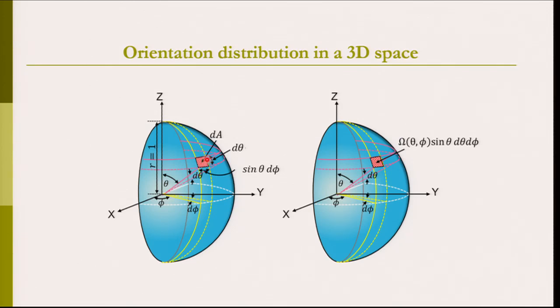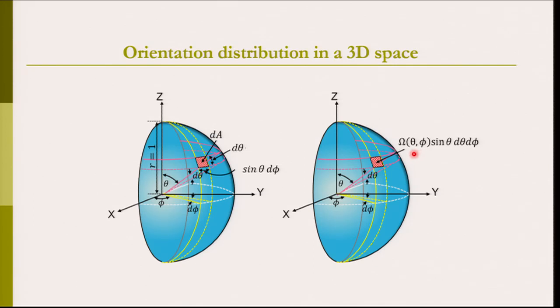But this is the case where the fiber orientation is random in nature. That means the fibers are distributed uniformly within the structure. But this may not be the case every time. If you look at the right hand side figure, you will see a term omega theta phi, which represents the probability density function of finding a fiber with an orientation angle theta and phi.